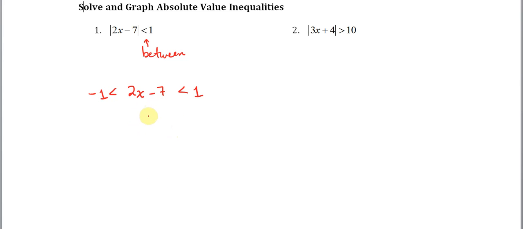So add 7 to the left, add 7 to the middle, add 7 to the right, and we get 6 over here, 2x here, and then 8 here. Okay. Then divide everything by 2 and we get 3 is less than x, which is less than 4.